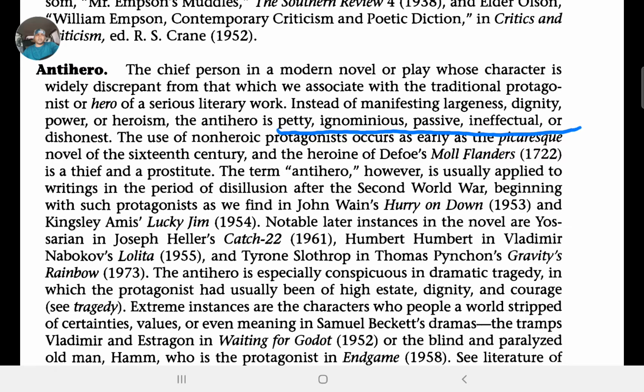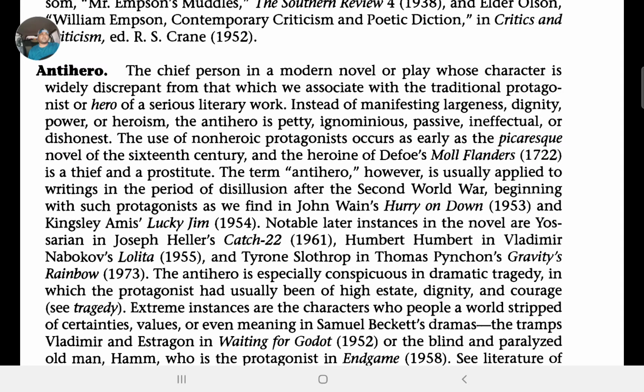We have some examples here. We have the example of Defoe's Moll Flanders. That is also a nice example actually. She is a thief and a prostitute.